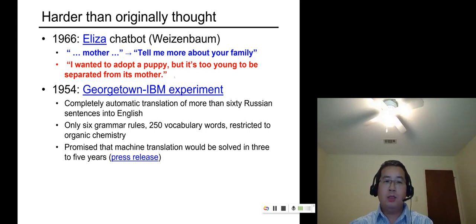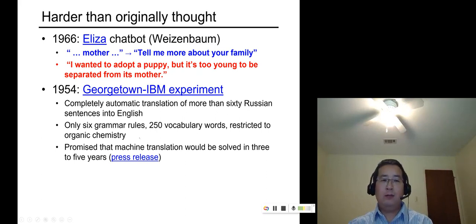So this is called the Georgetown-IBM experiment. In fact, they could only do a very simple one. Completely automatic translation of more than 60 Russian sentences into English.